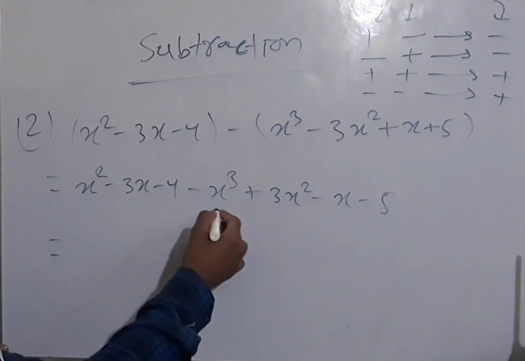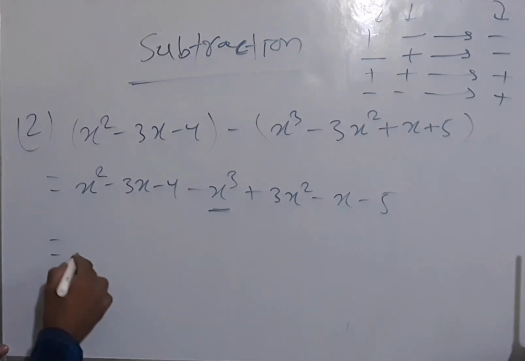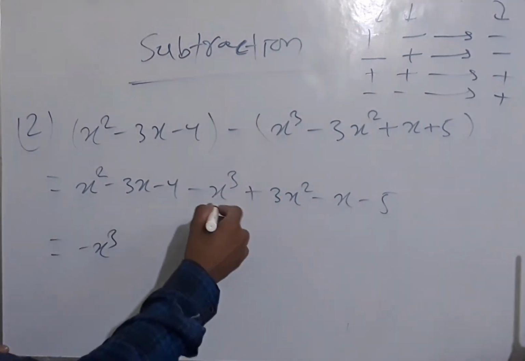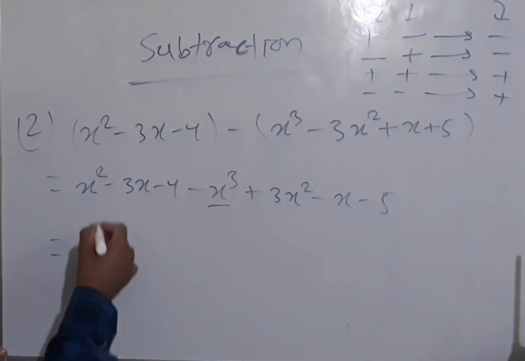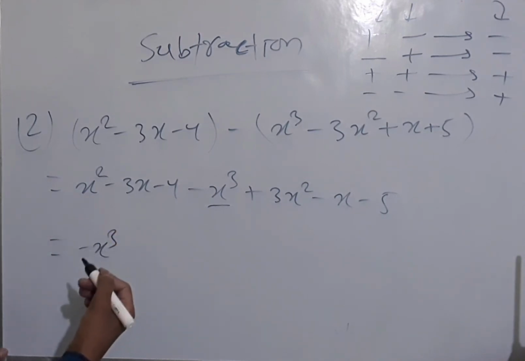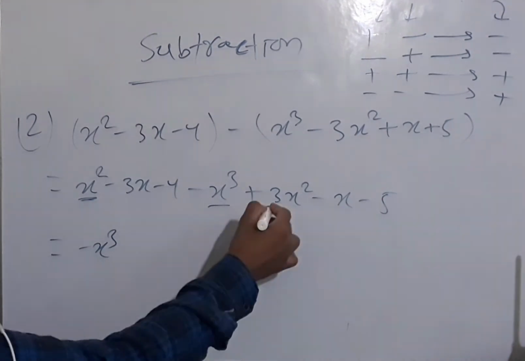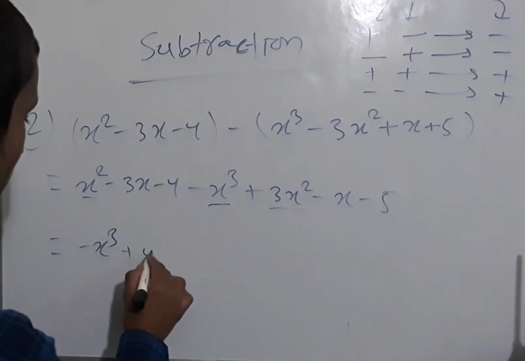So first, the highest exponent, which is x cubed, and as there is no other like term for this, it will be as it is. Next is the next highest exponent, which is x squared. These two are like terms, so 4x squared.